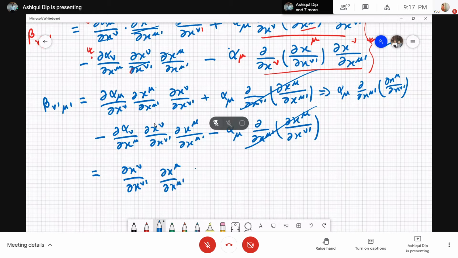Then you're left with delta alpha mu by delta x nu minus delta alpha nu by delta x mu, right? So that is our beta nu prime mu prime.